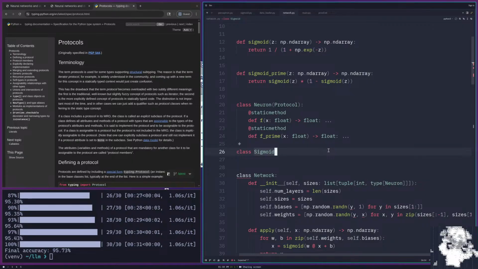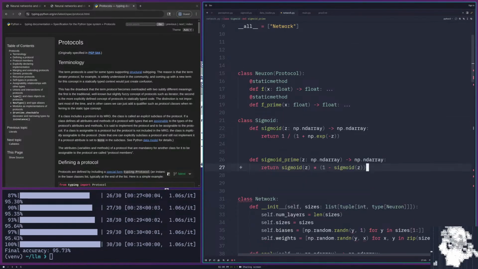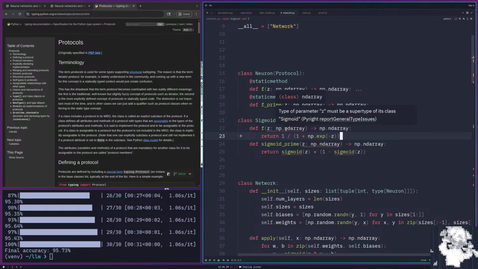So that's a neuron. A sigmoid looks like this. And then why don't we call these Z, and these should actually be ndarray, ndarray. So what does it have against this?